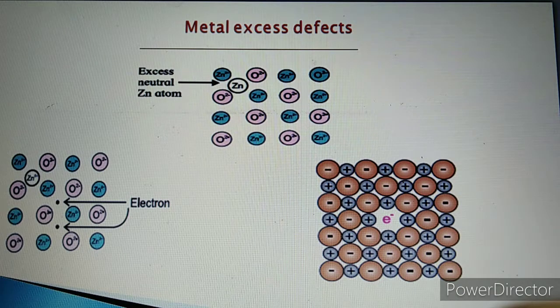So these are the examples of non-stoichiometric defects. When extra negative charge is added, that is anions, or positively charged ions, or excess neutral atoms are added, the defect produced is called a non-stoichiometric metal excess defect.